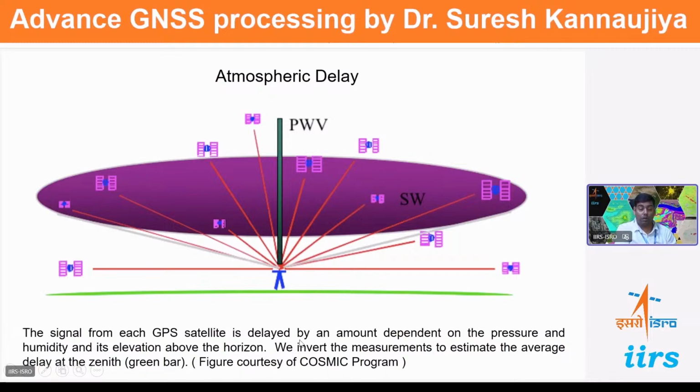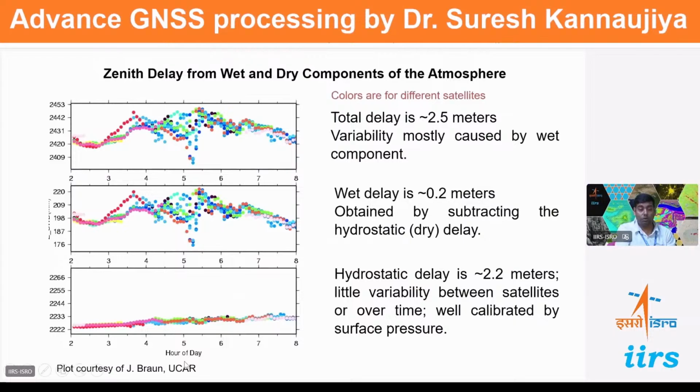Okay, and we know that this water vapor we basically get in the neutral layer, and the neutral layer is nothing but the troposphere layer. Okay, and some temperature and pressure we are able to model, because they have some linearity in their variation.